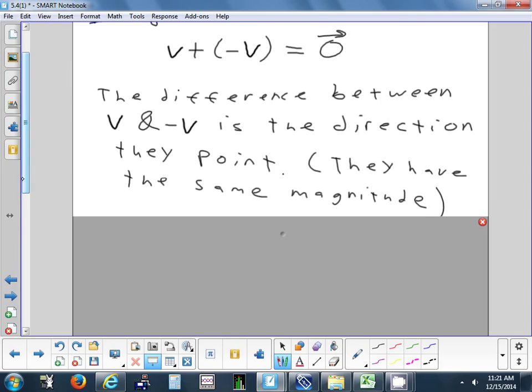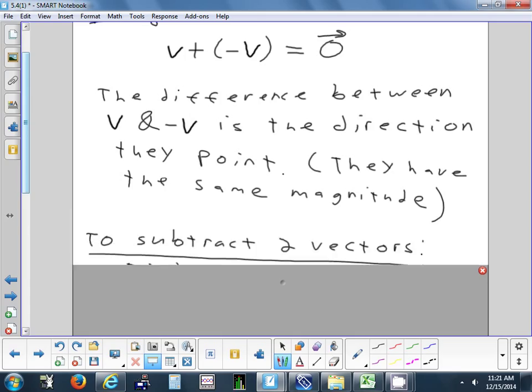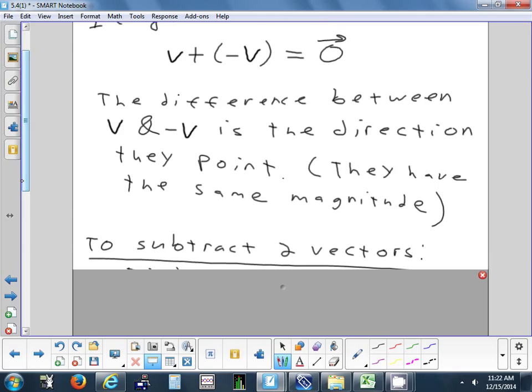And it doesn't just have to mean that one points up and one points down. It could be just whatever opposite is. And this idea that we just had here is how we're going to do subtraction.